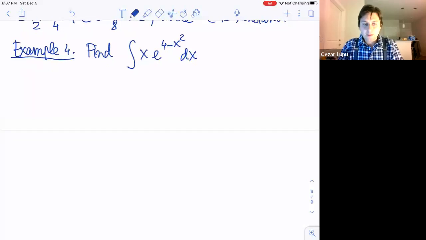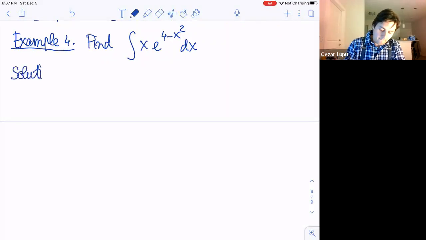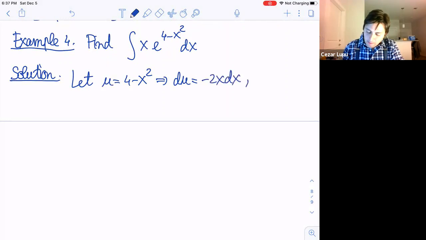Again, we're going to do the following u sub. So let u be 4 minus x squared. So this implies that du is negative 2x dx.